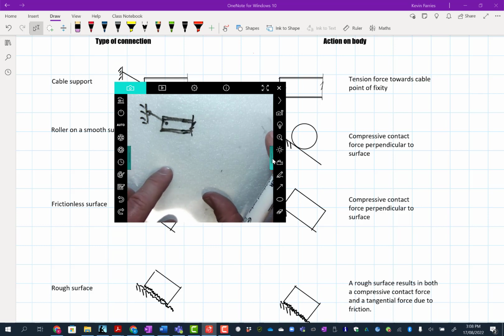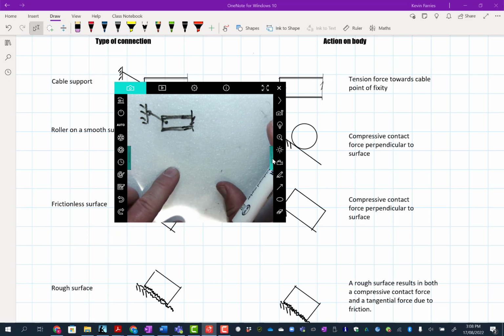There's nothing to stop that happening. So that means that there's no moment from this connection. If there was a moment reaction, that would resist turning and stop this thing turning. This one doesn't have a moment reaction because it's just connected at a hole. It's connected at a point, so it can't exert a moment.